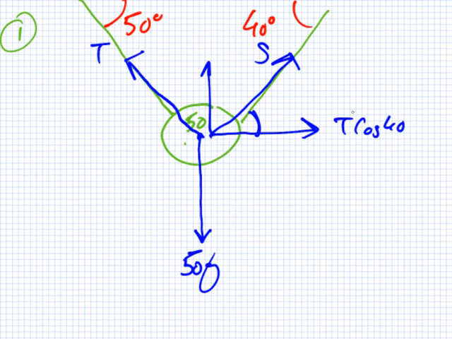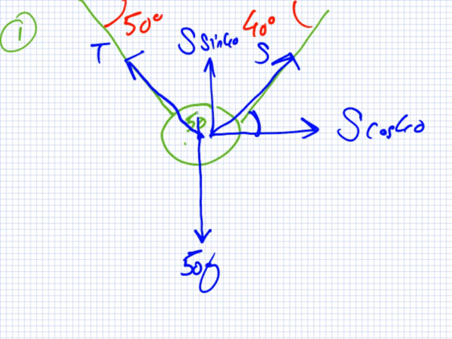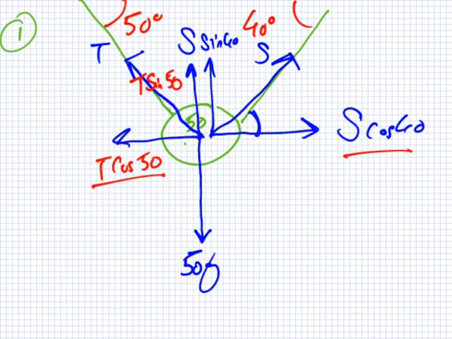That's S. S cos 40. S sine 40. T sine 50. And then this one here, T cos 50. So there's this to the left, this to the right, this up, and this down.